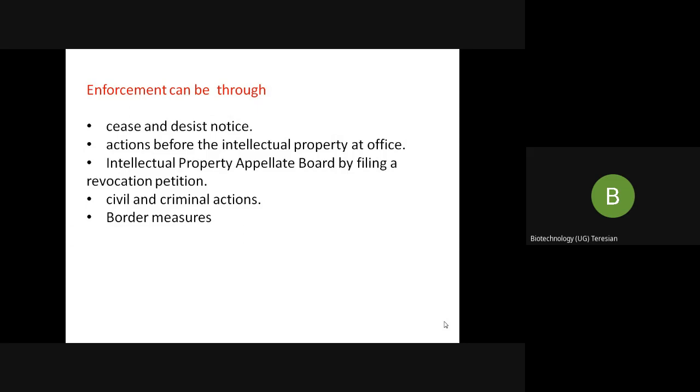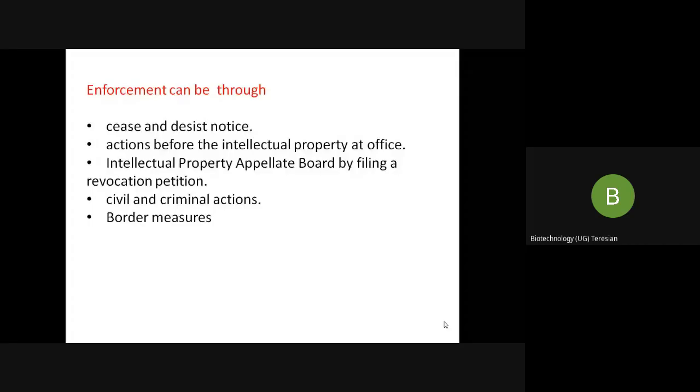So this enforcement can be brought about by a notice, which could be written by the right owner or the right owner's counsel, pointing out to the person to cease and desist from infringing, and also giving a threat that if the person continues, there will be action of infringement by law. So here you are writing a written letter to whoever is infringing your rights.